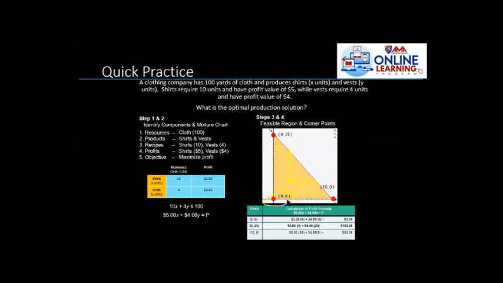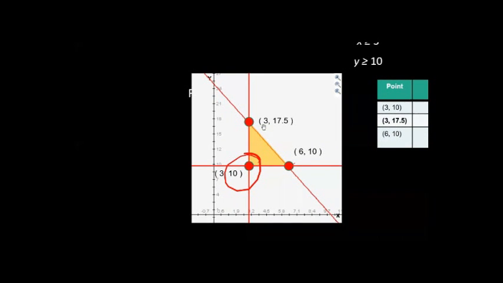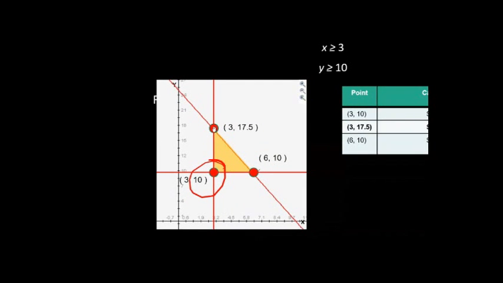So, that's our new coordinate, so how would you plot that? Ito. Yun na yung bagong origin. So, zoom in natin. So, paano to nakuha tong 3, 17.5 and 6, 10? By plotting. Click tayo. So, yun yung bagong origin. Paano to na-plot?